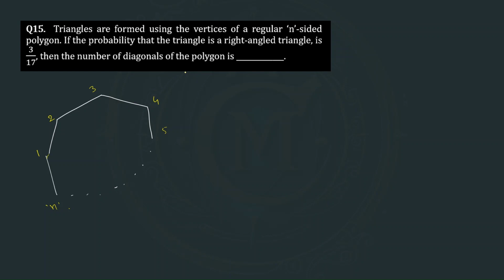So to understand this case better, let us take a simple case, n equal to 6. Let us take this example first. So as it is a regular polygon, it will look something like this. Now here will be the center of the circle passing through all of the vertices of this regular hexagon.